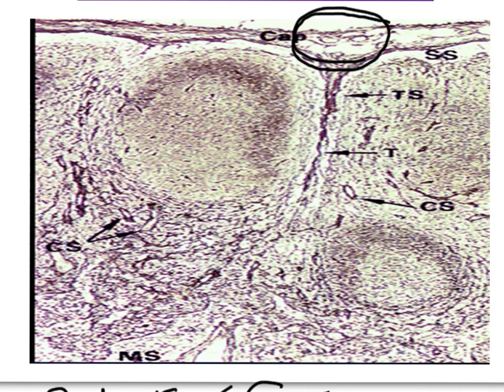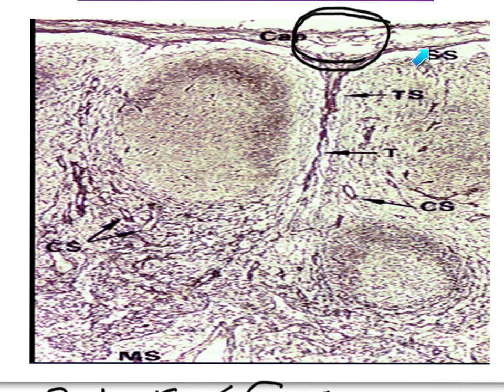In this picture also we have the following labels. Under the capsule here in the cortex we have the lymph sinus. So when the lymph arrives by the afferent lymphatic, it passes into sinuses.